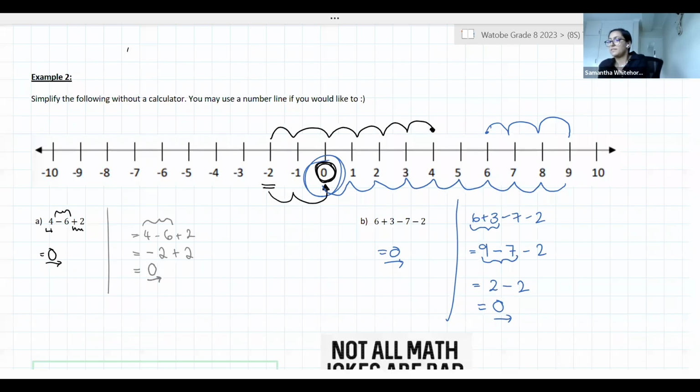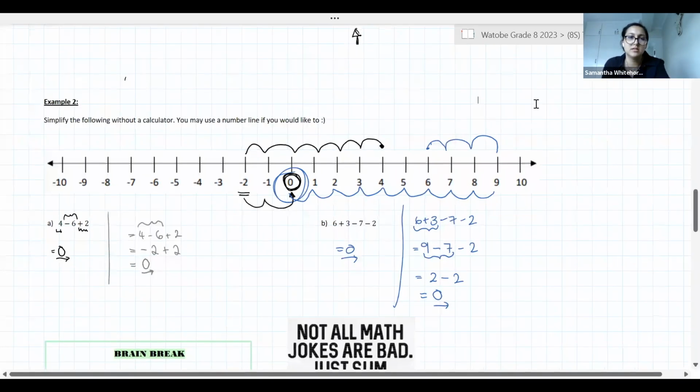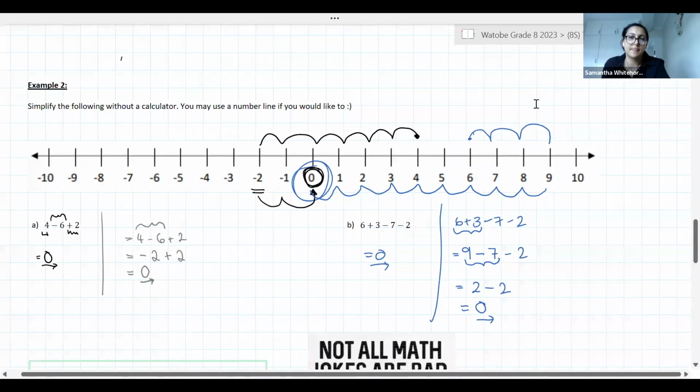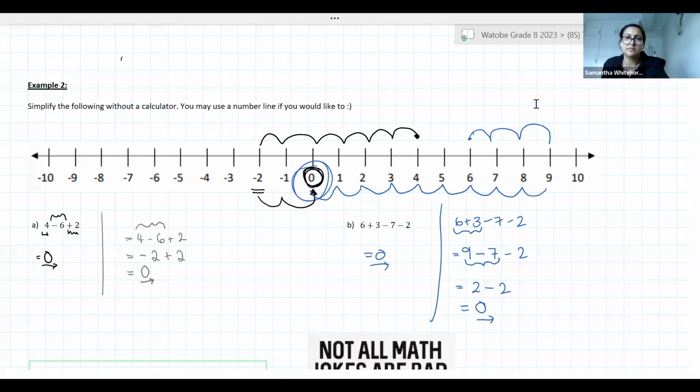Ma'am, can you please unzoom your work so that we screenshot? When you say unzoom, do you mean like this? Is that better? No, ma'am, like zoom it out. So make it smaller or make it bigger?